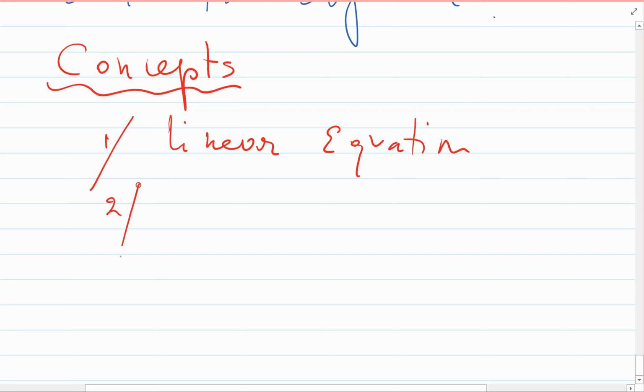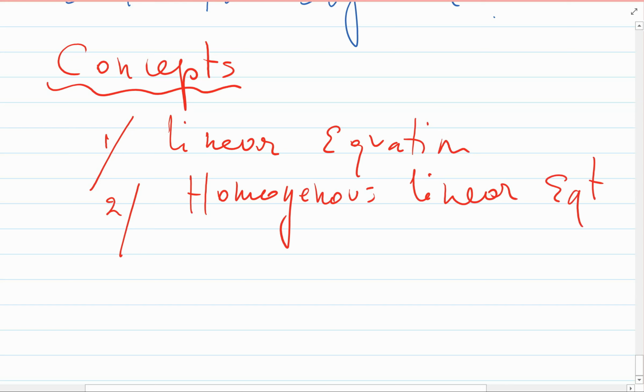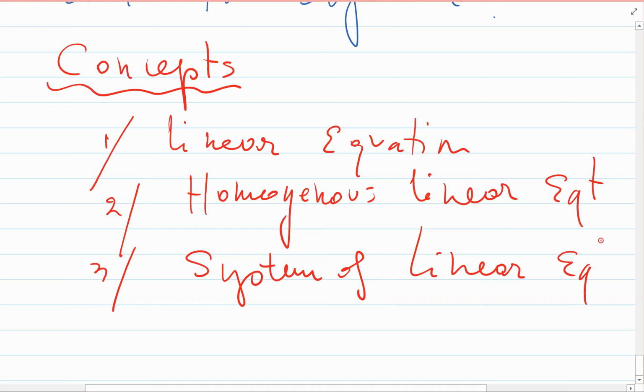So what are these concepts? Number one, what is a linear equation? Number two, what is a homogeneous linear equation? Number three, what is a system of linear equations?